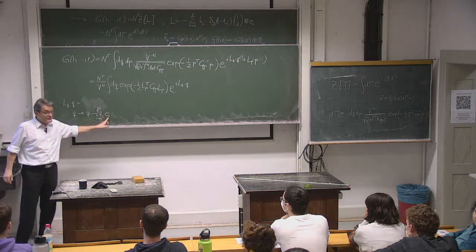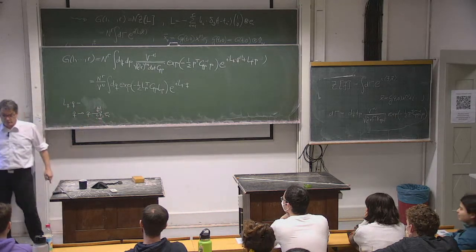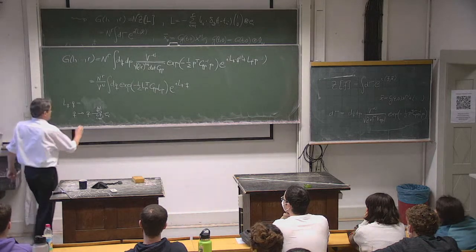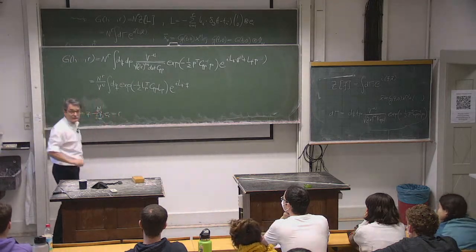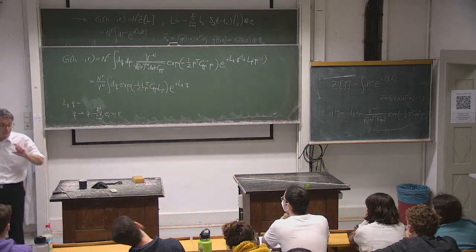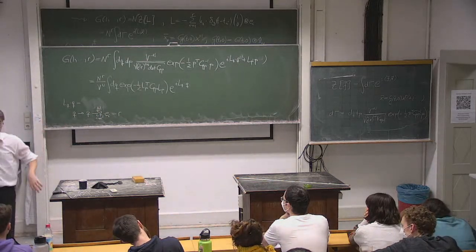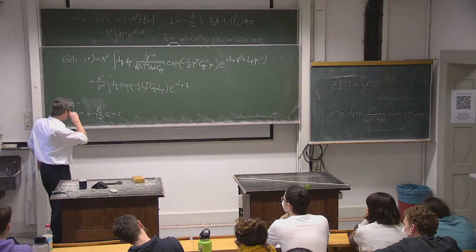Okay, this is just saying all the particles get reduced by Q1. Let me call this R. Right? These are all the relative coordinates of the particles referred to particle position number 1.